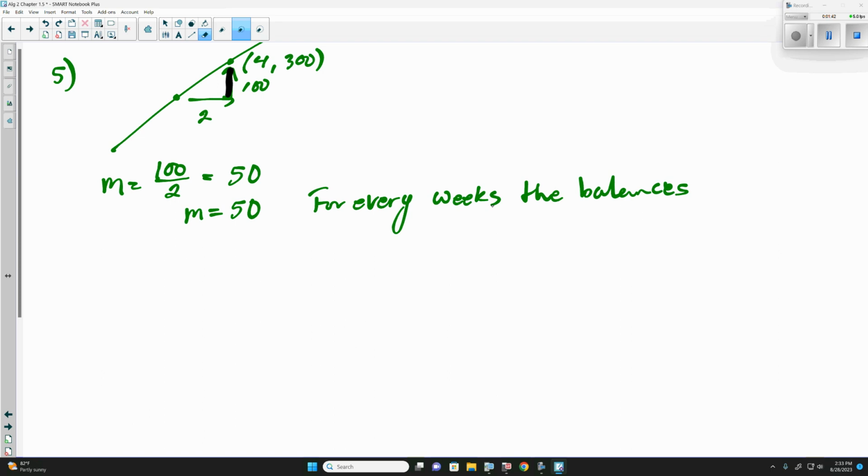Weeks. So for every week, because we wouldn't need the S, the balance increases by $50. Because when we interpret the slope, we're just trying to say, what does the slope tell us? What is the slope telling us about this graph in terms of the problem?